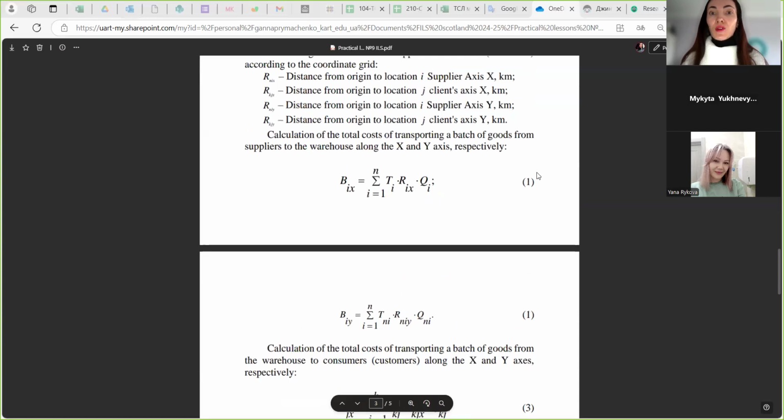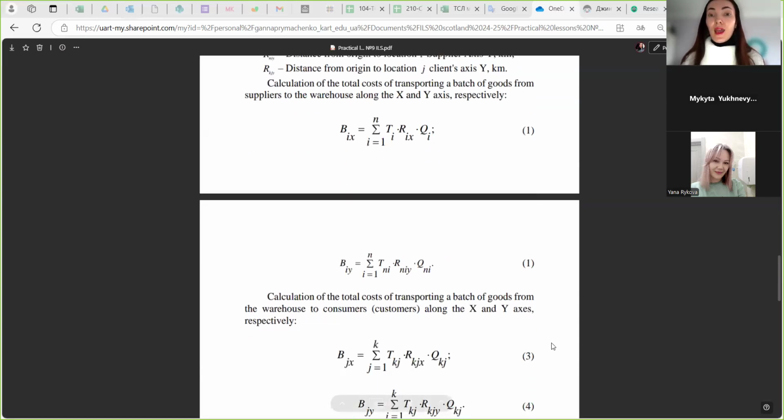It is the result of our formulas number 1 and number 3. The result of formula number 1 plus the result of formula number 3. It is in our numerator, in the upper part of the formula.